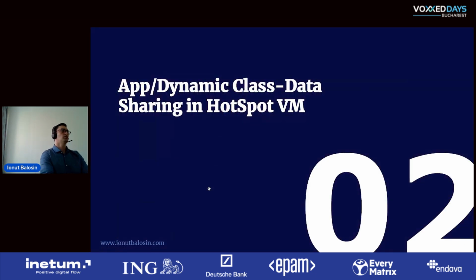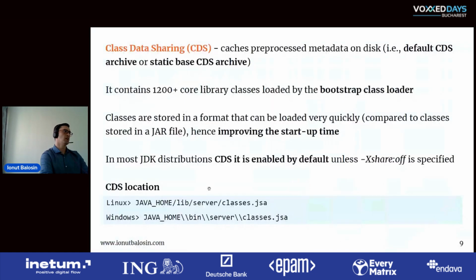Okay, so first let's start with the AppCDS, dynamic CDS in HotSpot, because basically HotSpot is the JVM which is the most used across our production systems. And of course, it makes sense to take a look and see what's in there.